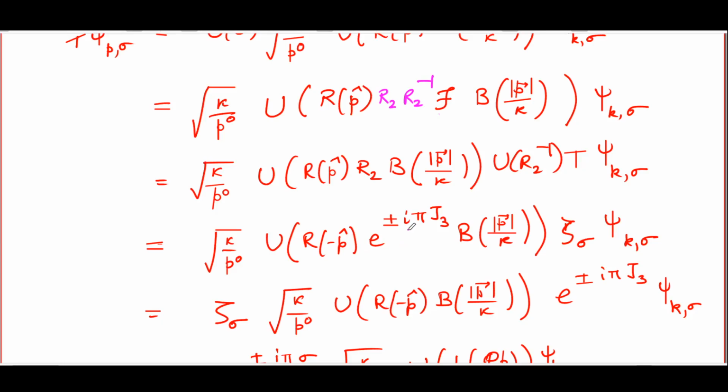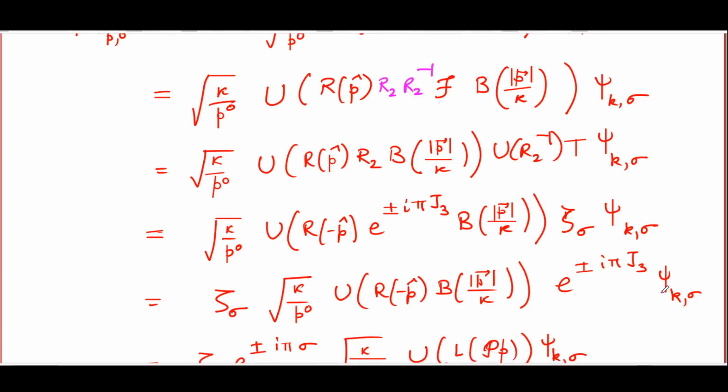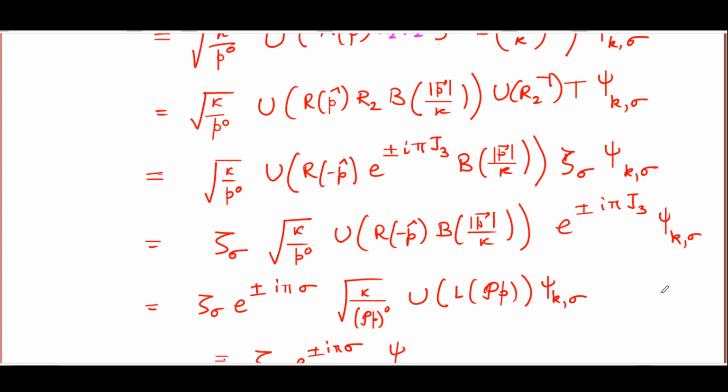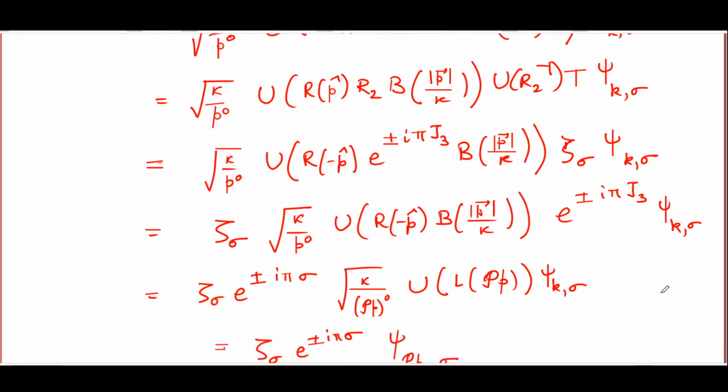This e to the plus minus I pi J3 once again can commute right across B and go and hit the psi k sigma, giving rise to e to the plus minus I pi sigma here. Note that we don't have a change of sign to e to the minus plus I pi sigma simply because J3 now is acting on psi k comma plus sigma, unlike the previous case for parity.